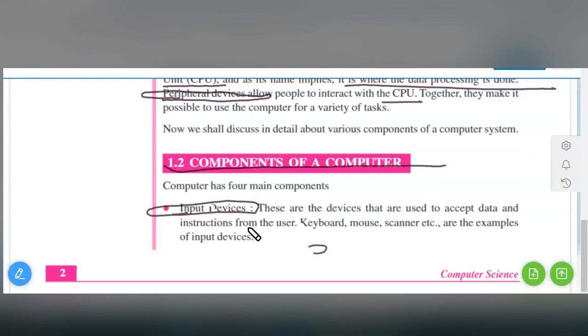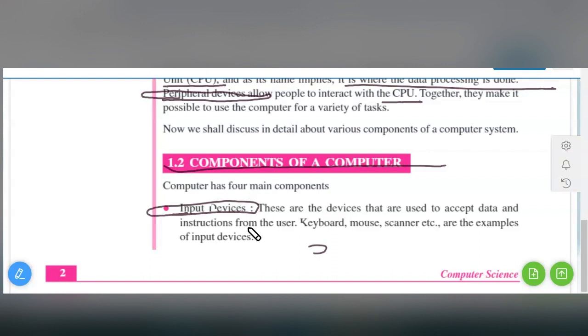So input devices, first one is input. As the name suggests, it is very clear what it is used for. It is for inputting some data, or if we want to give some instruction to the computer, we will be using this input device, through which data will be fed to the computer. See the definition. These are the devices that are used to accept data and instructions from the user.